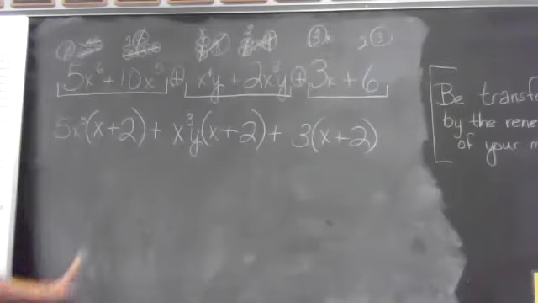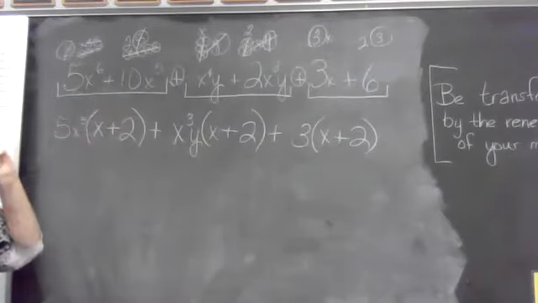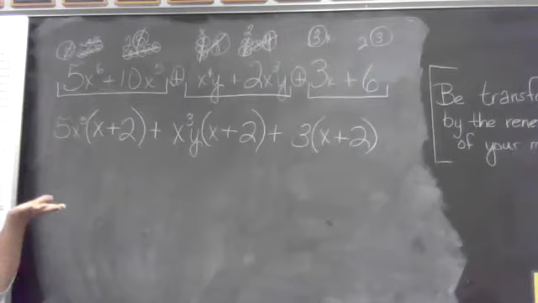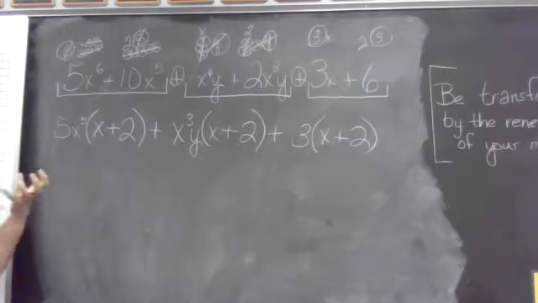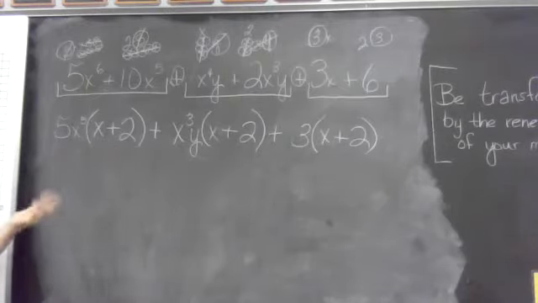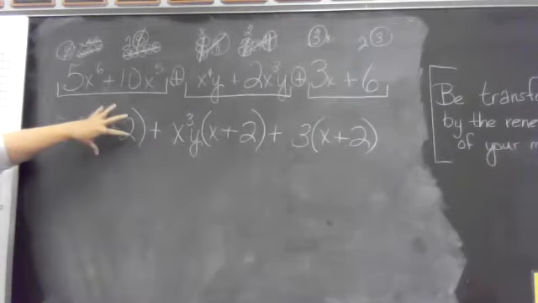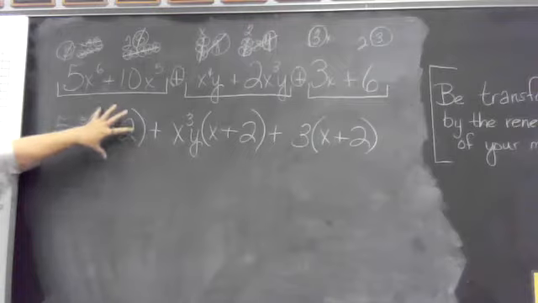So after we factor each group, notice that you can find a greatest common factor still. The greatest common factor just happens to be a set. I call the parentheses stuff a set. I don't know if anybody else does, but that helps me. You can see that when it's in a parentheses, it's like one thing.